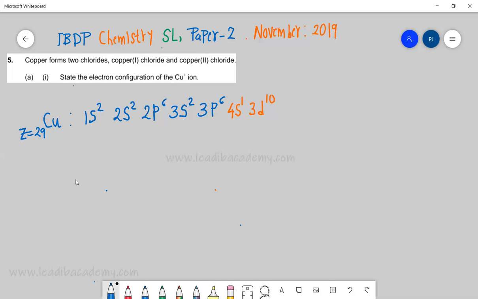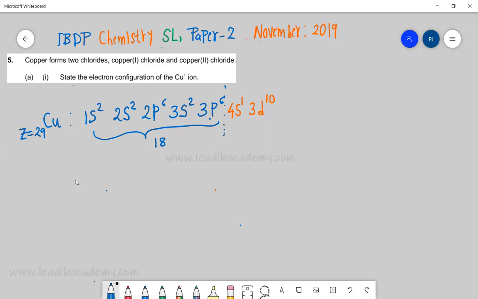While doing the electron configuration, after 3p6 we get 4s. Up to this point we have completed 18 electrons, and we need to fill an additional 11 because the total is 29.